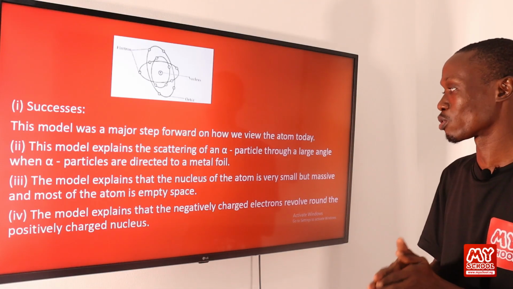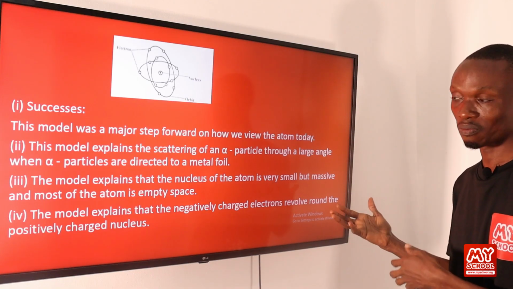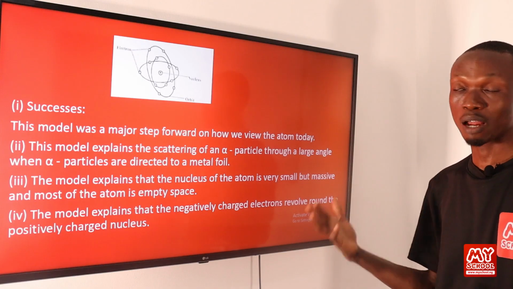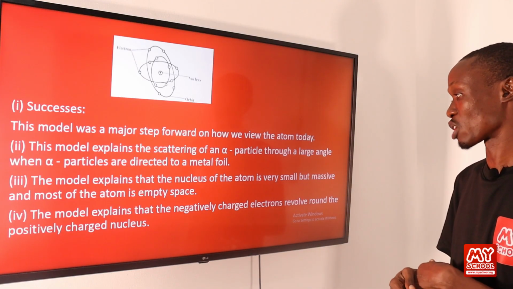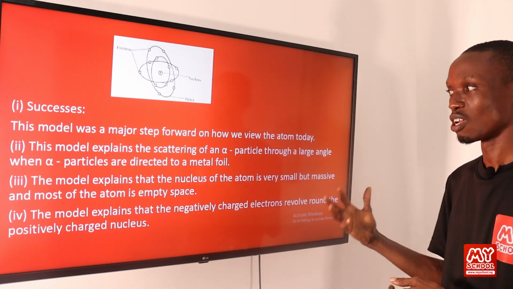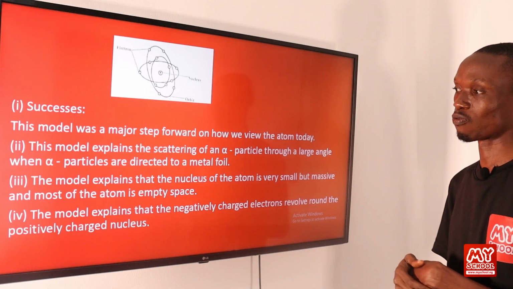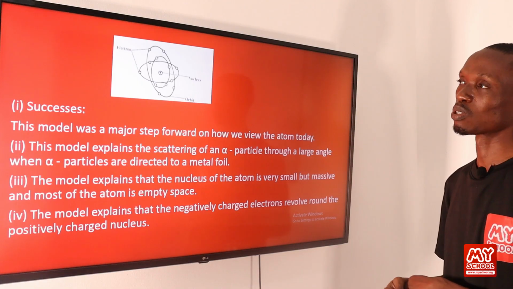One of the conclusions is that the nucleus of the atom is very small but massive. Secondly, most of the atom is empty space. 3, the negatively charged electrons revolve around the positively charged nucleus. So we can bring out those conclusions from the successes of this model. Let's move to the next slide.